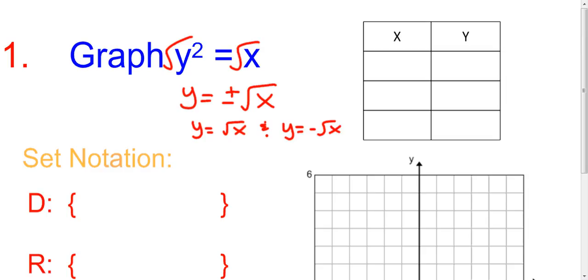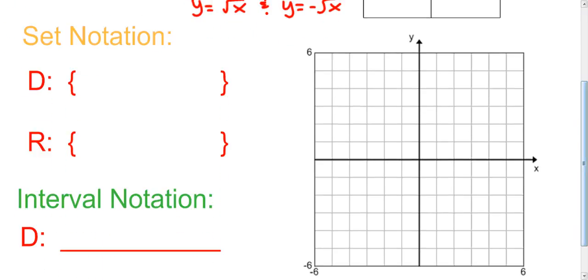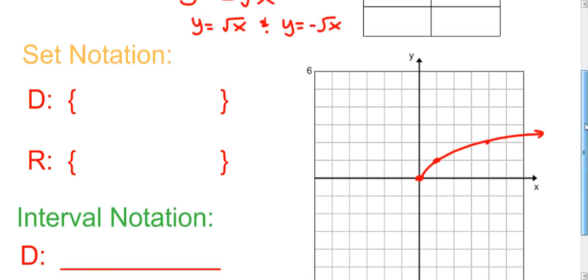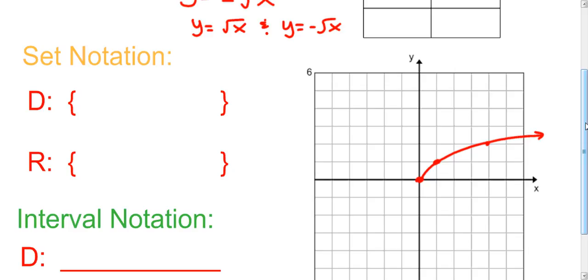We already know that positive square root of x starts at 0, 0. And then we'll plot some points and you can see how this happens in a minute, but it's going to go something like this. That's positive square root of x. And then negative square root of x will flip that same graph over the x-axis, and it will end up looking like this, okay?